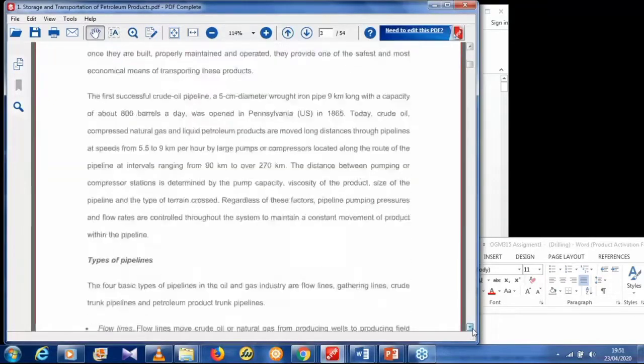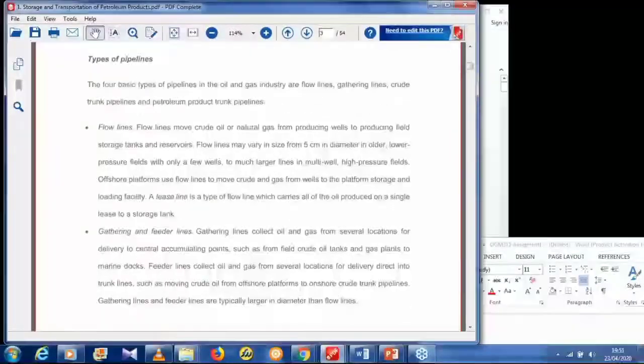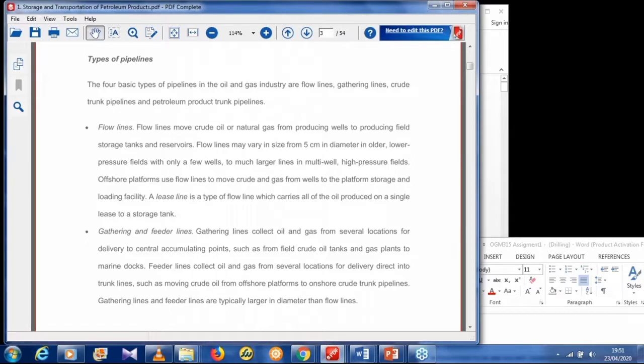So we're going to talk about the types of pipelines that we have. There are four basic types of pipelines in the industry. I'll take that again.